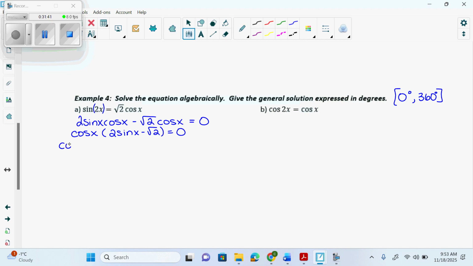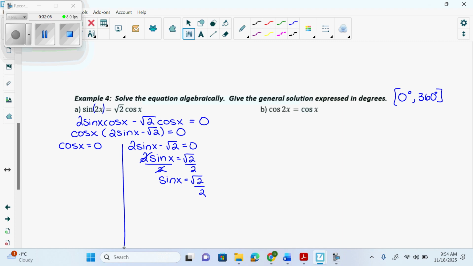So then I get cos x equals 0. I have to do this step. 2 sine x minus root 2 equals 0. 2 sine x equals root 2. Divide by 2. Sine x equals root 2 over 2.